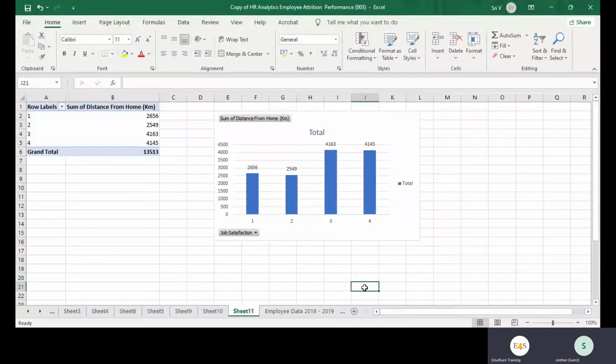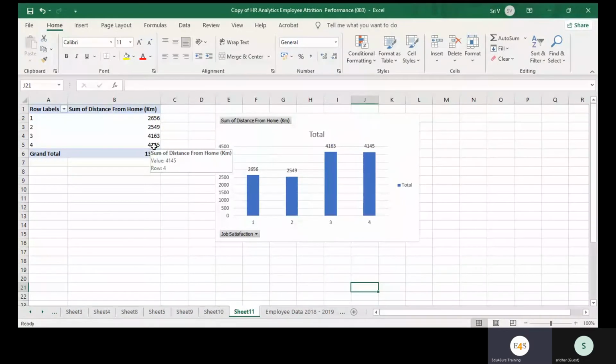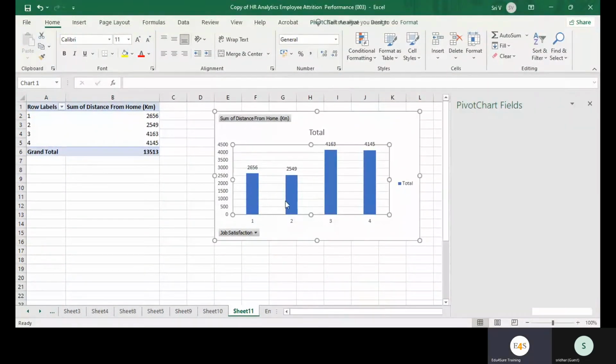Is this correct? I don't think you need to switch the rows and columns. Do that once.